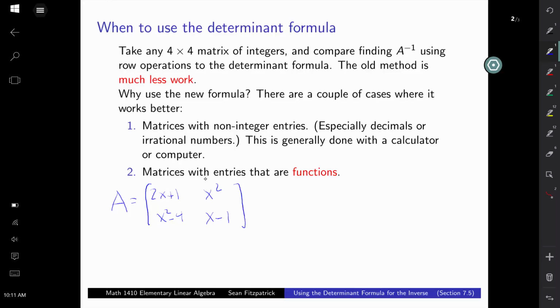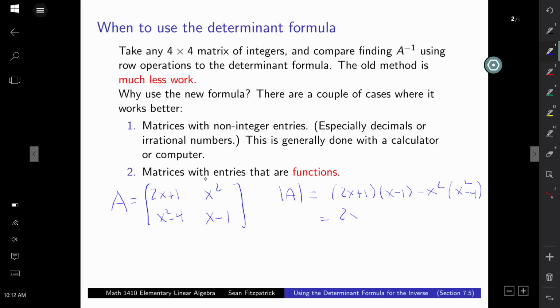One of the things that's nice about this is that the determinant is given by multiplying entries, and so if I have a matrix with polynomial entries, the determinant is also going to be a polynomial. 2x plus 1 times x minus 1 minus x squared times x squared minus 4.